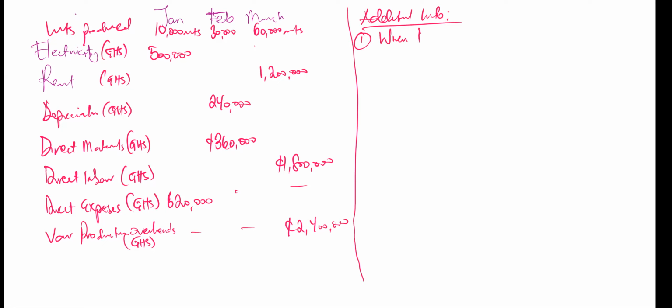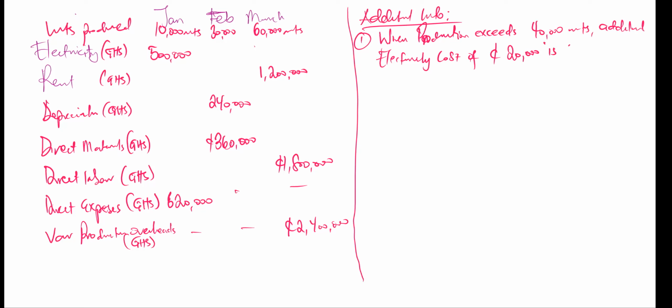Additional info. It says when production exceeds 40,000 units, additional electricity cost of 20,000 cedis is incurred.